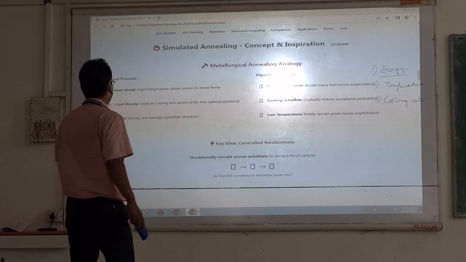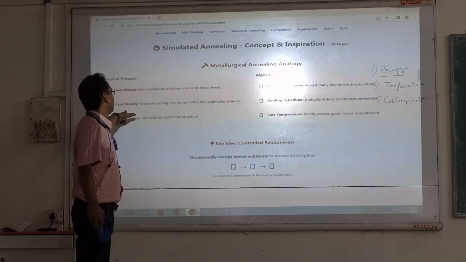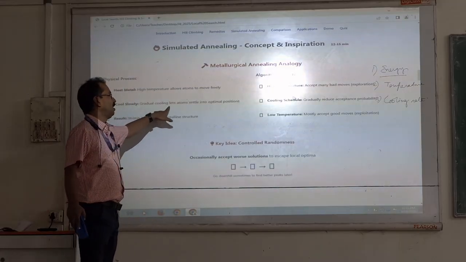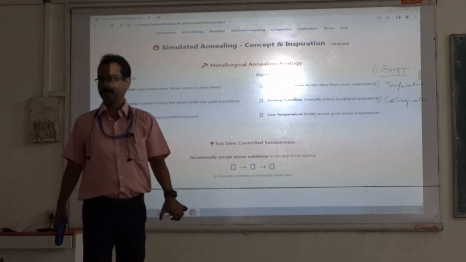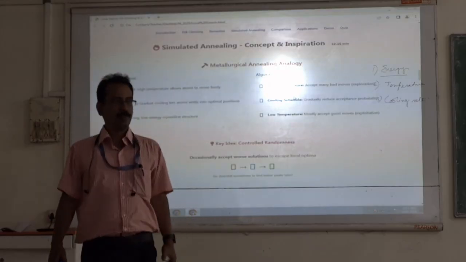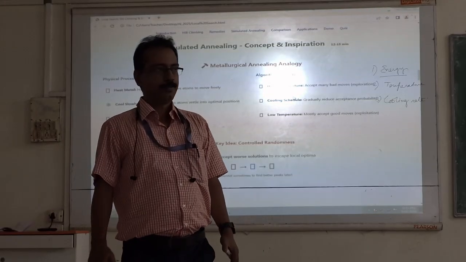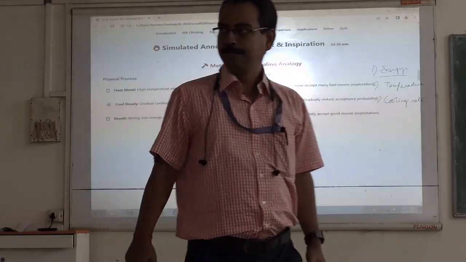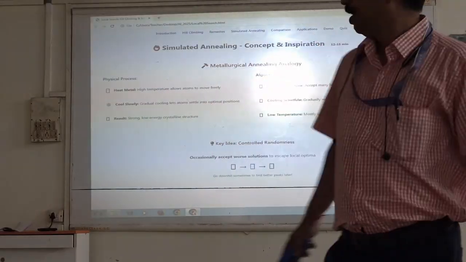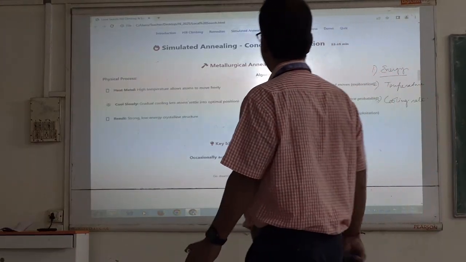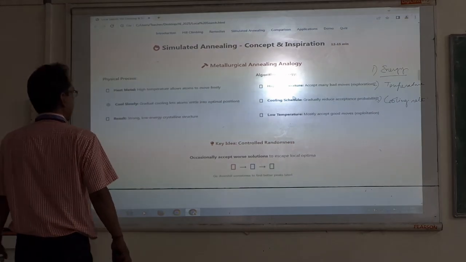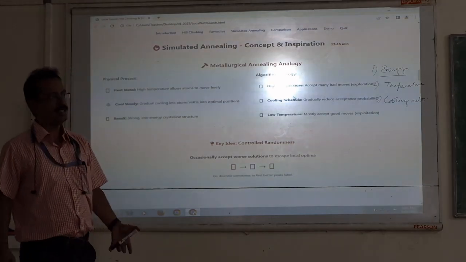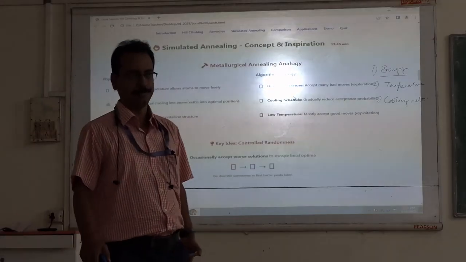Okay. Now cool slowly. In metallurgy, it means gradual cooling lets atoms settle into optimal positions. Okay? Agree? Now the cooling schedule in our algorithm gradually reduces the acceptance probability. What is the acceptance probability? I will discuss.